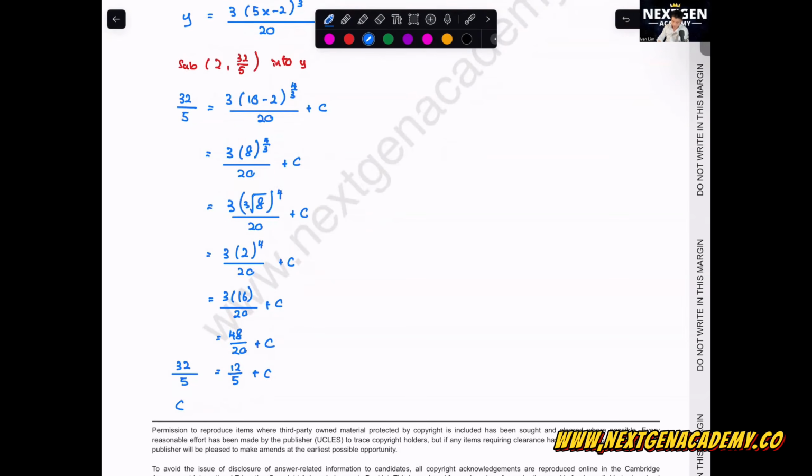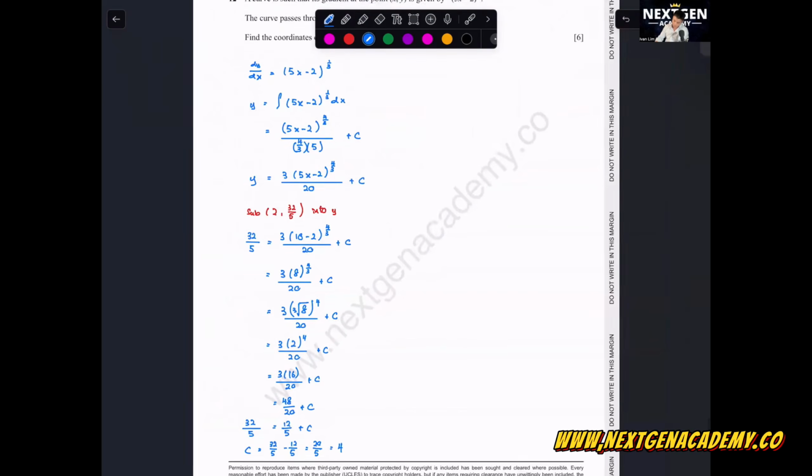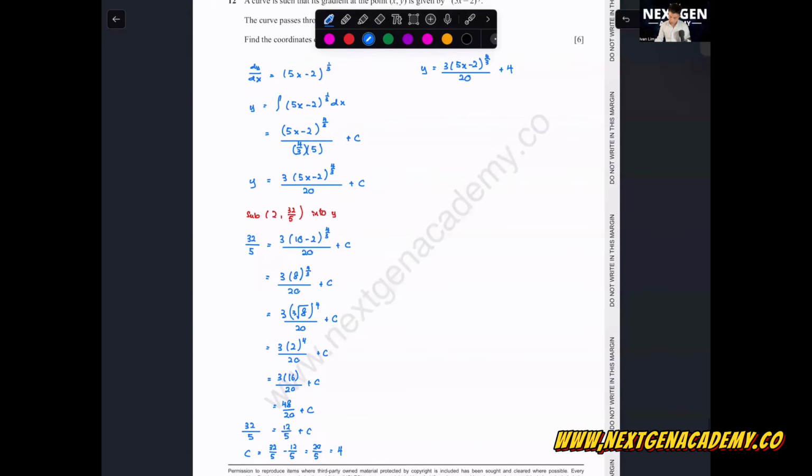Then c will be 32 over 5 minus 12 over 5, which is 20 over 5, which is equal to 4. y is equal to 3 times (5x minus 2) to the power of 4 over 3, over 20, plus 4. Okay, this is the equation.